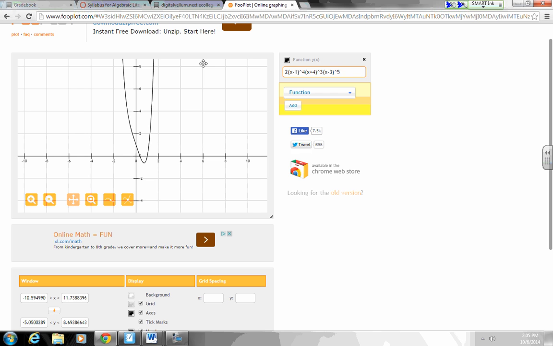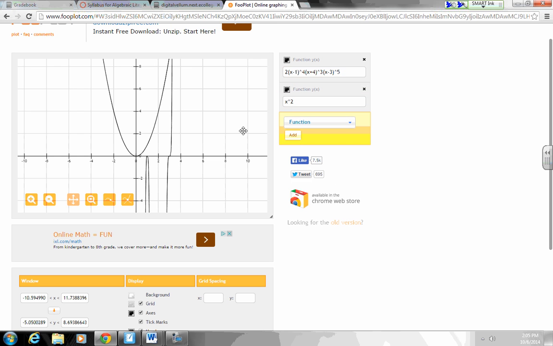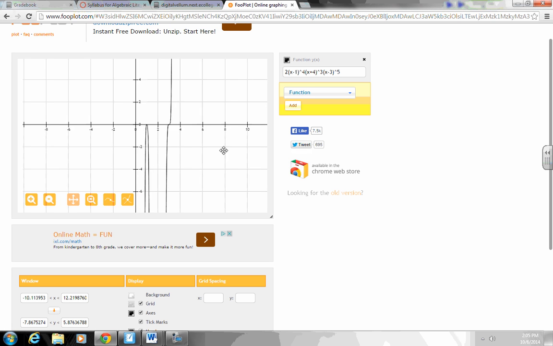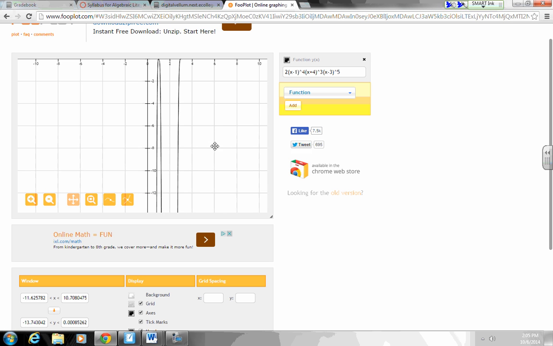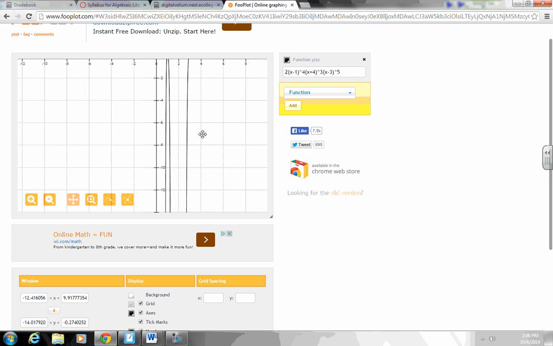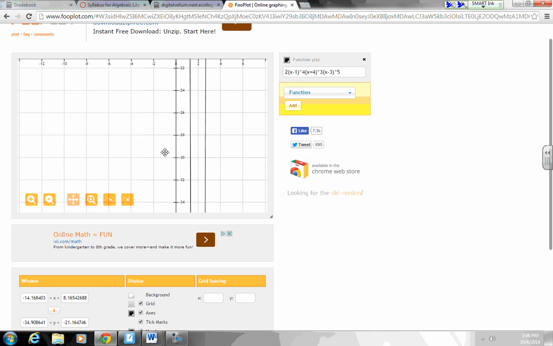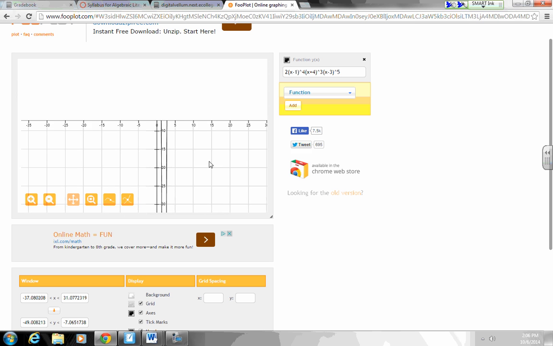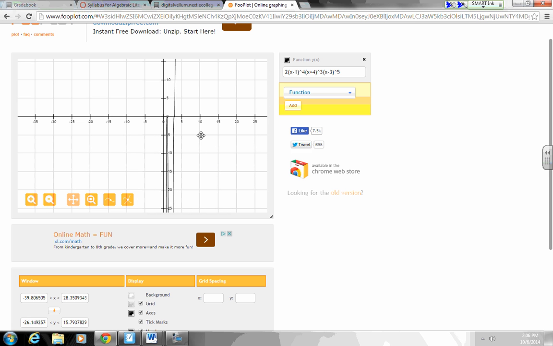I don't know if I need to put my times. Doesn't it? We're not doing anything at negative 4. See, there's no information there. Why didn't it touch negative 4?